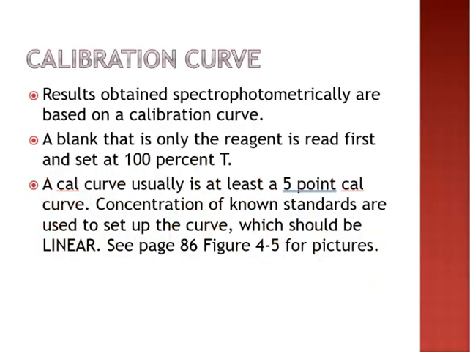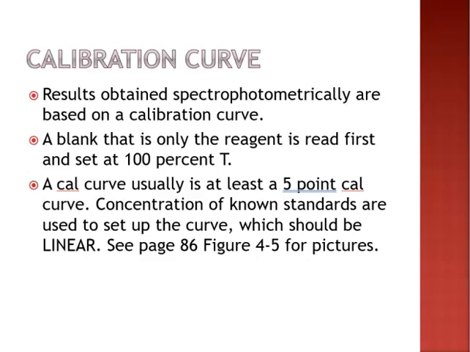Something else we need to remember when we're talking about spectrophotometer results is a calibration curve. Results from a spectrophotometer are based on a calibration curve. Remember, we have to run a blank, and a blank is usually just the reagent itself, no specimen or no standard.